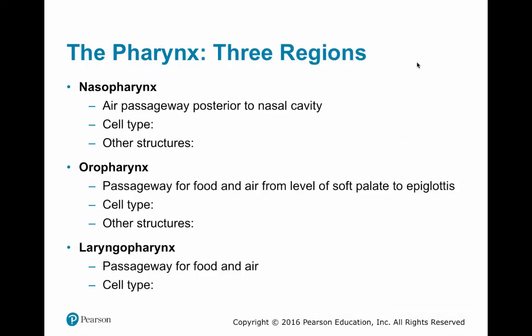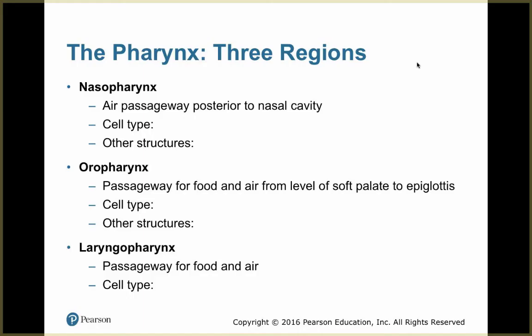Now let's talk about each one of these and the importance of each type. The nasopharynx, that first part, is the passageway for air posterior to the nasal cavity. It's lined with pseudostratified columnar epithelium tissue.